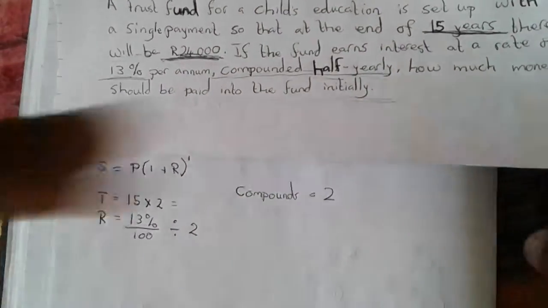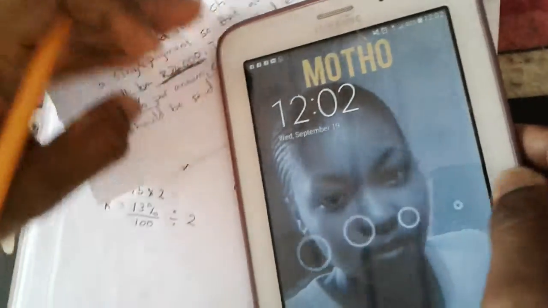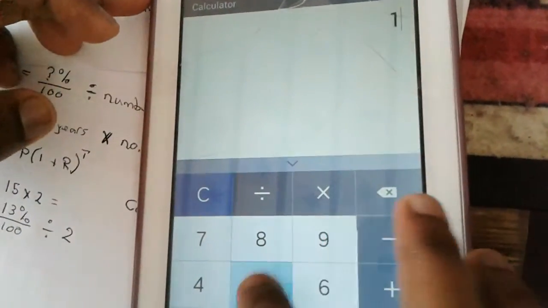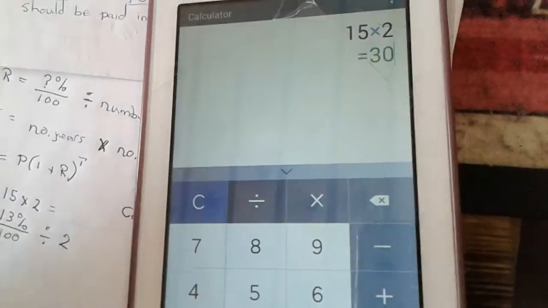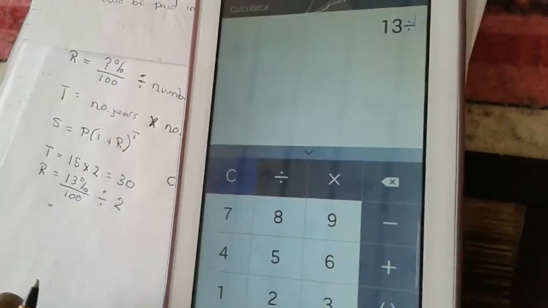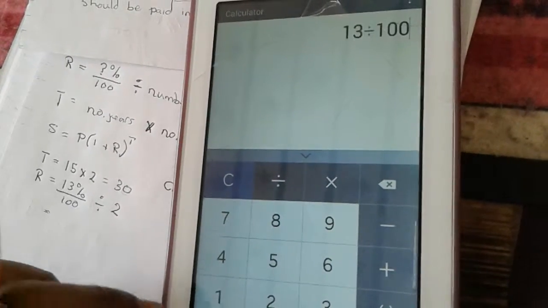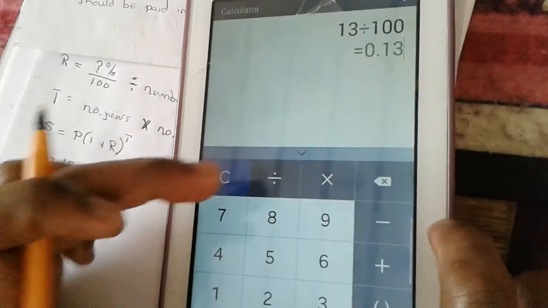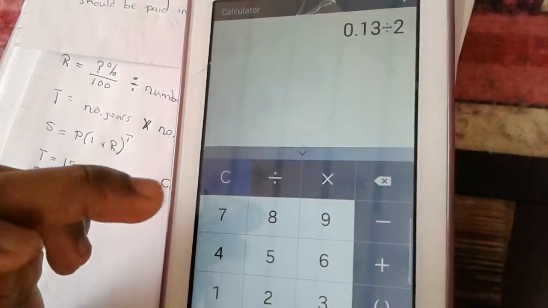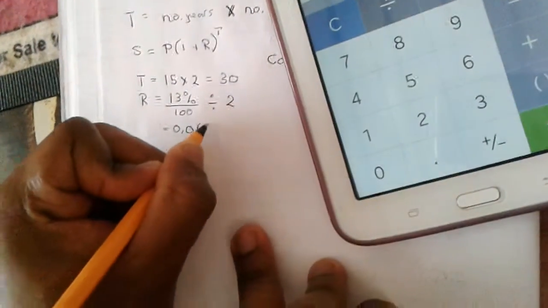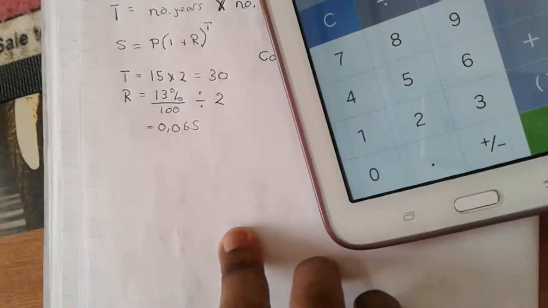So we take our calculator. 15 times 2 is 30. And then 13 divided by 100 is 0.13, divided by 2, which is 0.065.